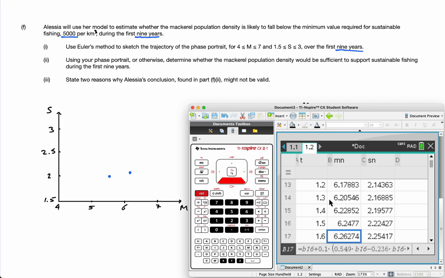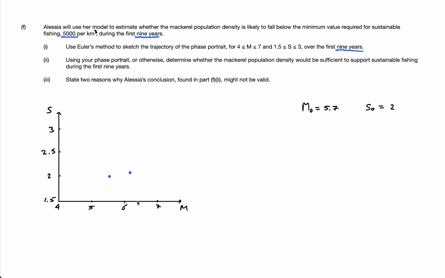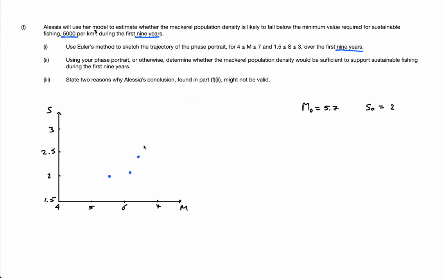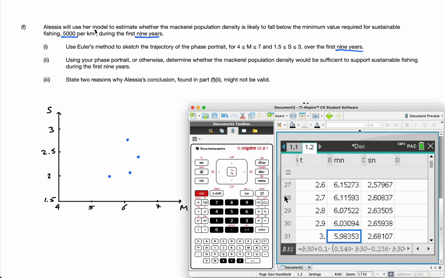Then we go down to 2, 6.3, 2.4. Notice I'm rounding to one decimal place. 6.3, 2.4, something like that. Down to 3. That's basically 6 and 2.7. Now notice we're starting to go backwards now. The mackerel are dying. 6, 2.7. So the mackerel are starting to die.